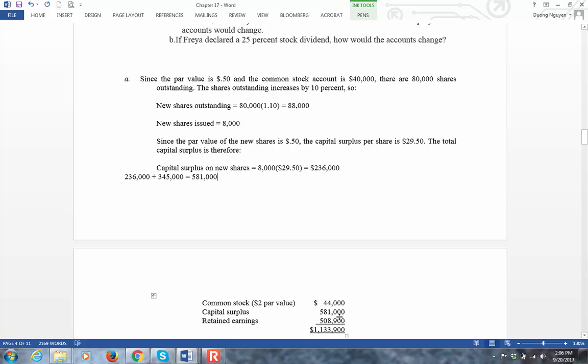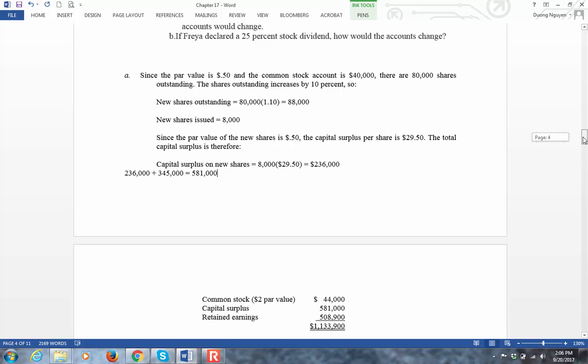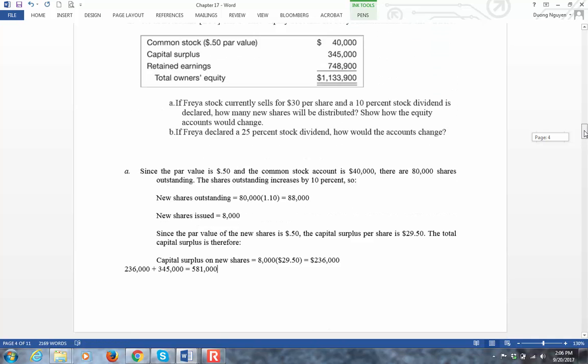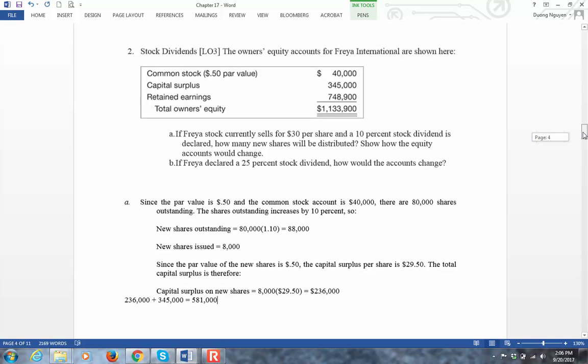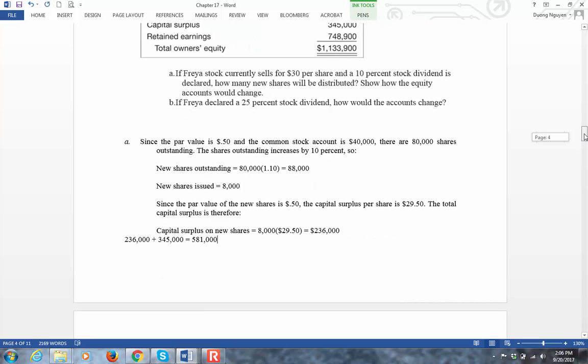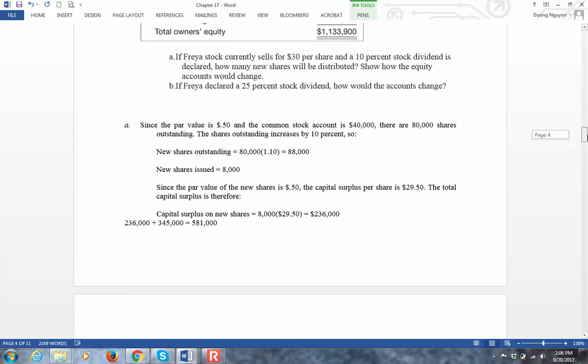The new capital surplus account will be 581,000, and because this is a stock dividend, the total value should not change. So you have to make an adjustment to retained earnings to make sure that the total equity is the same. So the total equity is 1,133,900.